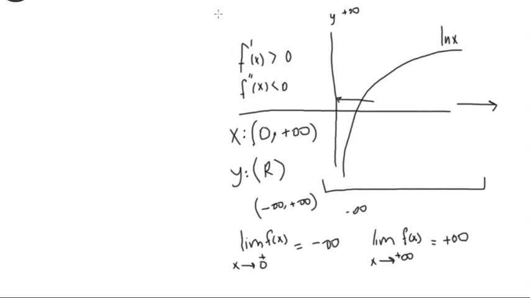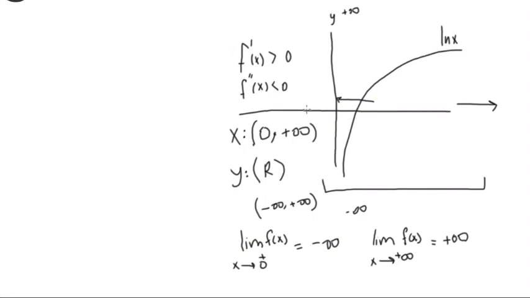Now we need to talk about the inverse. We know that when we take the inverse, there are several conditions that need to exist. The first one is that the graph must be either increasing or decreasing, because in this condition, the graph would be one-to-one. For this one, the graph is increasing because the first derivative is greater than 0, and from the graph we can be sure that as the value of x increases, the value of y increases too.